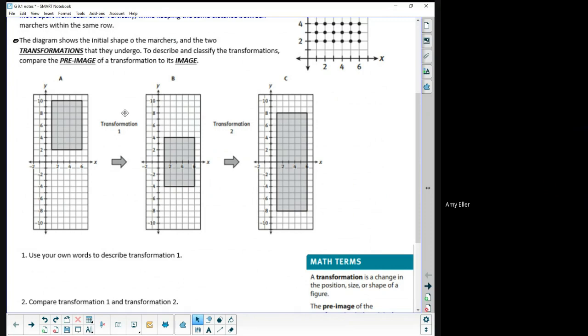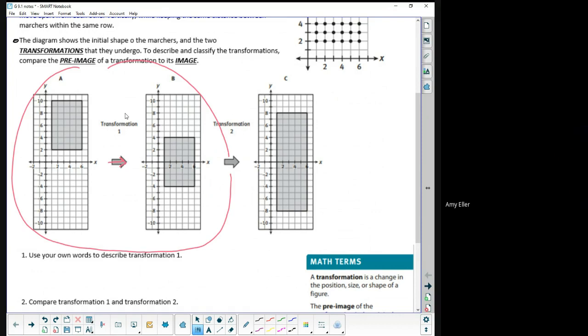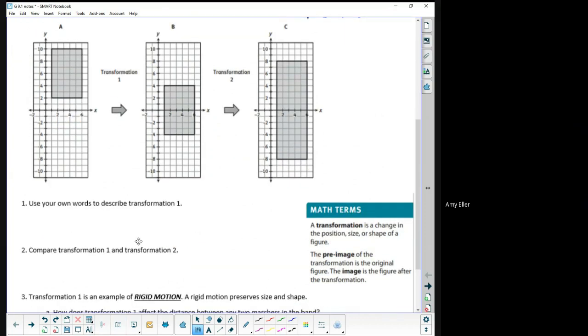Number 1, use your own words to describe transformation 1. Here it is in the picture. This is transformation 1. Use your own words to describe that. Got that done, Aiden?